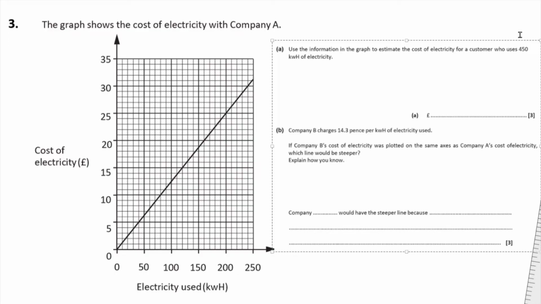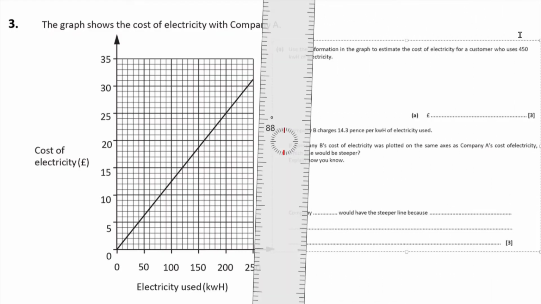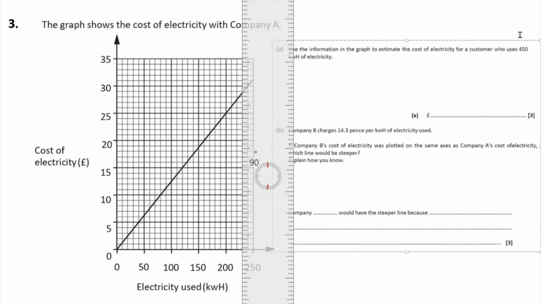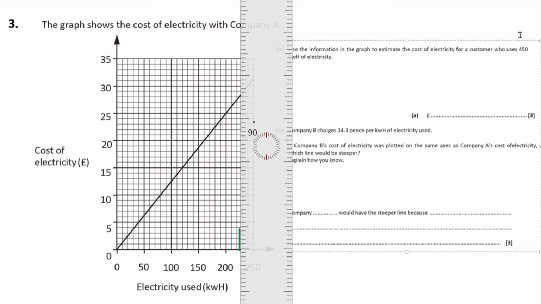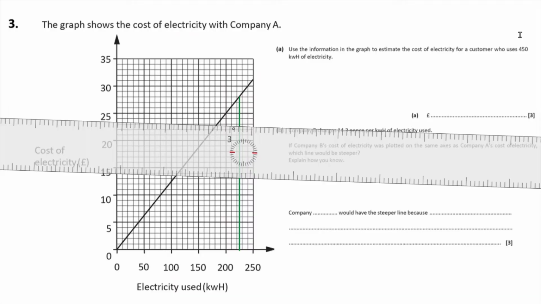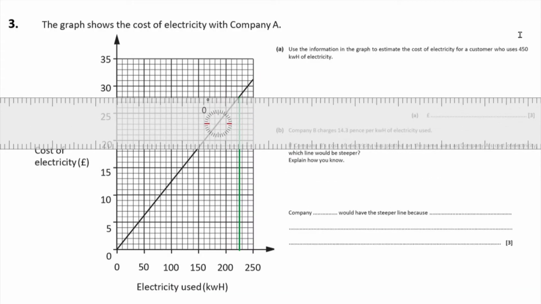My graph only goes up to 250 and I can't use it to look up 450. I'm going to divide 450 by 2 and get 225, and I'm going to look up from 225 until I hit the line, and then go in the opposite direction.